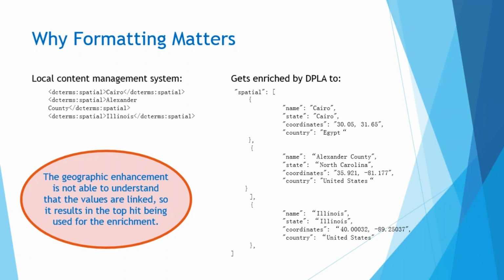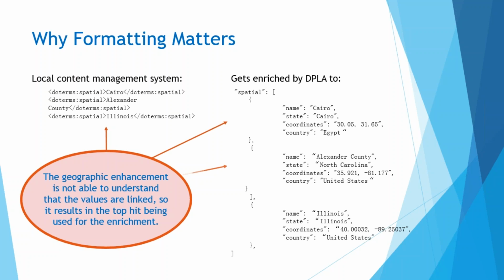DPLA has enriched the geographic values with matching values from geonames. So again, we talked about this just a moment ago, but when Cairo is unspecified, it gets incorrectly matched to Cairo, Egypt. Alexander County gets mapped to Alexander County, North Carolina.